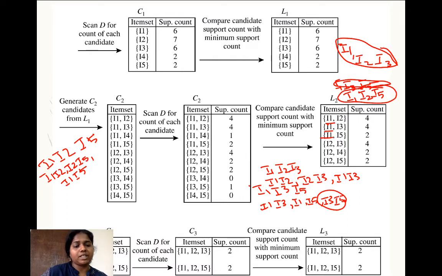Is this understandable? Now, once you have this idea in mind, I have generated C3 here. This one is available and this one is available. These are the sets we can accommodate in C3. Once you get C3, you will have to check back with your database and find out the support count of these combinations.